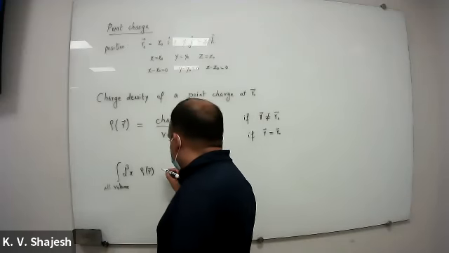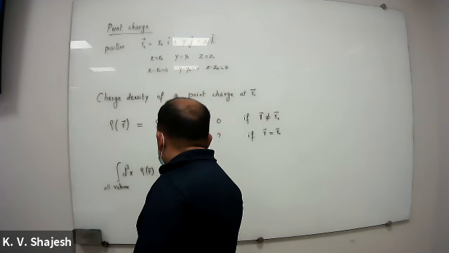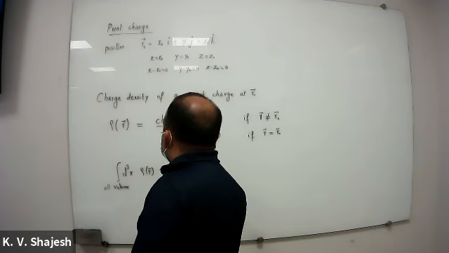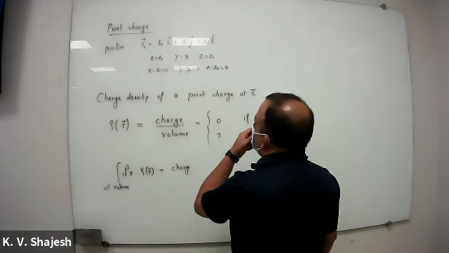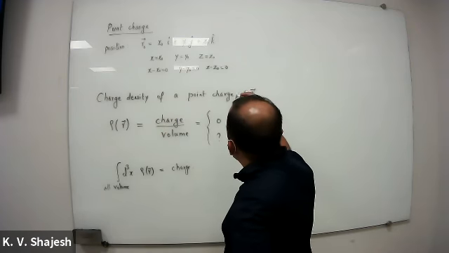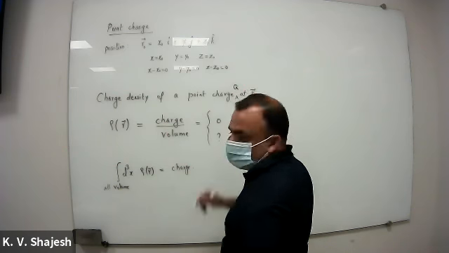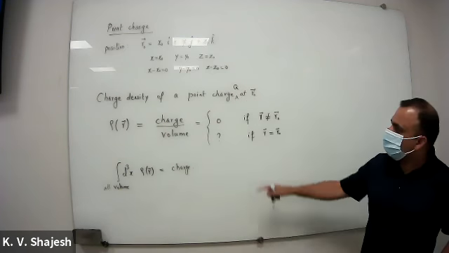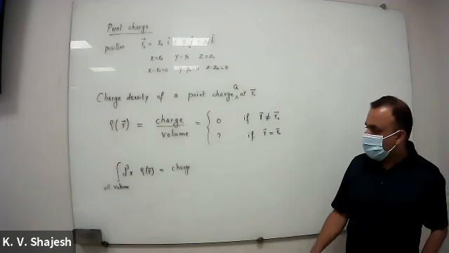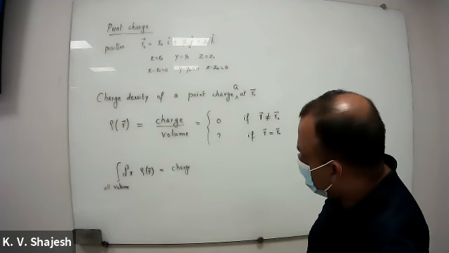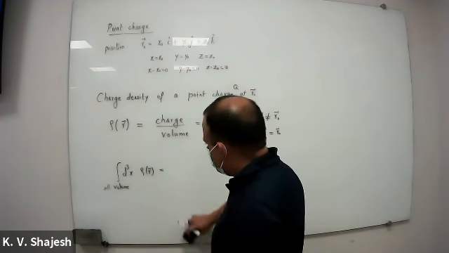So this should give you the total charge. Let's say that this is the charge density of a point charge Q. There's a specific charge on this, that's a point charge Q. So that should be equal to Q.